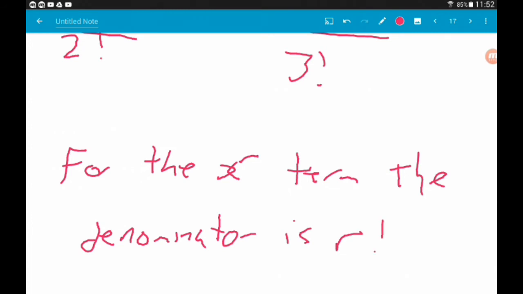So when we have x squared, the bottom of the fraction is 2 factorial. When we have the x cubed term, the bottom of the fraction is 3 factorial. So this is going to really help us.